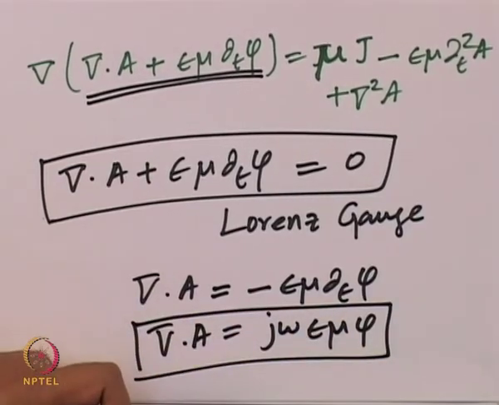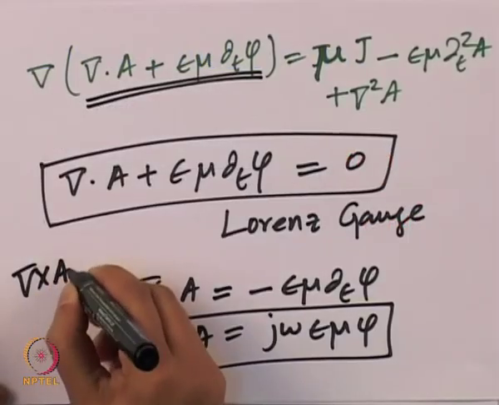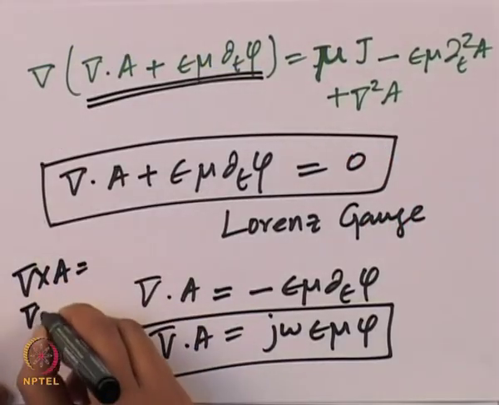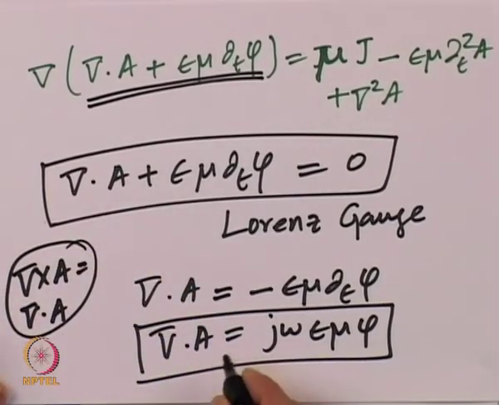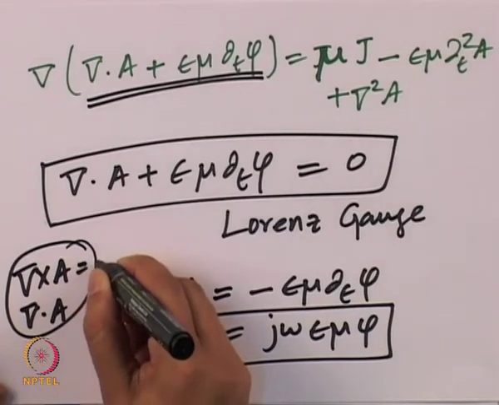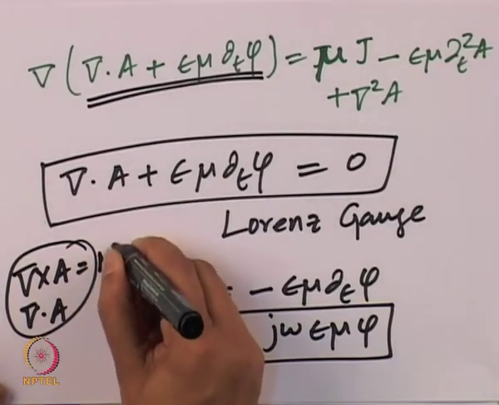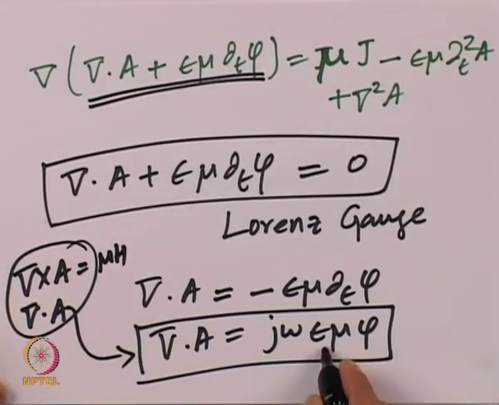The reason for doing this is also due to the Helmholtz theorem. The Helmholtz theorem says that it is not enough to define only the curl of A, we need to also define the divergence of A to uniquely find the value of A. So we have defined curl of A as mu h, and now we have defined the divergence of A as j omega epsilon mu phi.